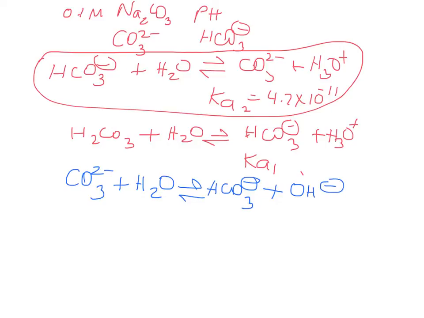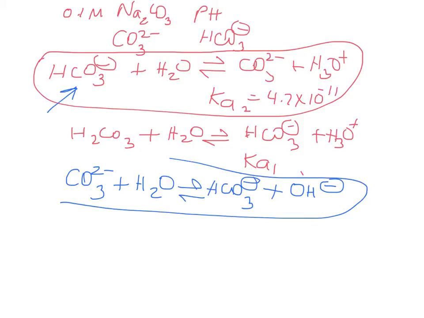Okay, so two reactions. One is the reaction of bicarbonate with water, which is giving you carbonate and hydronium ion, and the other is the reaction of the hydrolysis of carbonate with water, which is going to generate bicarbonate and hydroxide.